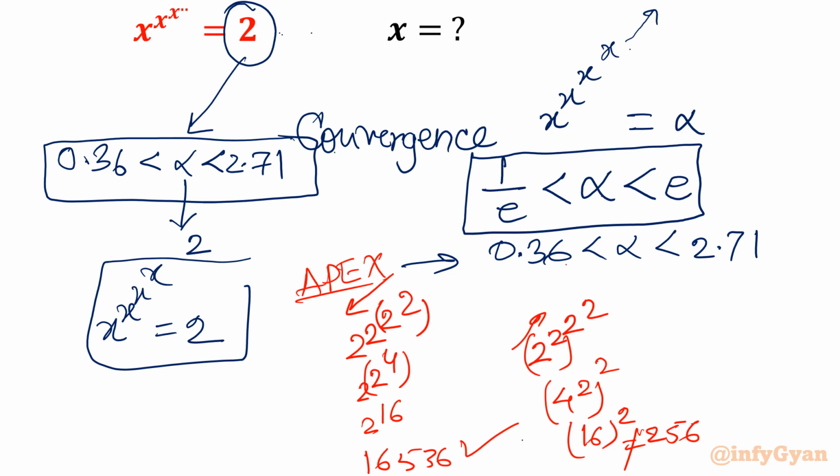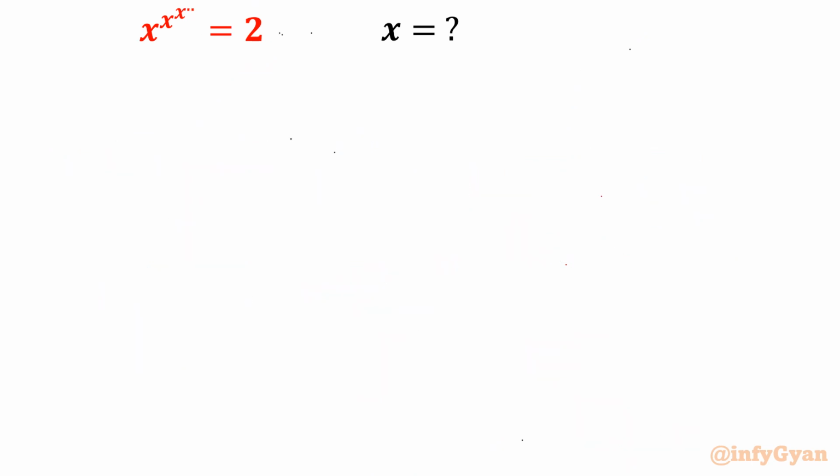Okay, so if you talk about the value of x, let me write that value also. x will be lying in between e raised to the power minus e and e raised to the power 1 over e. If you simplify this value with respect to x, an important point is that it is always in this form.